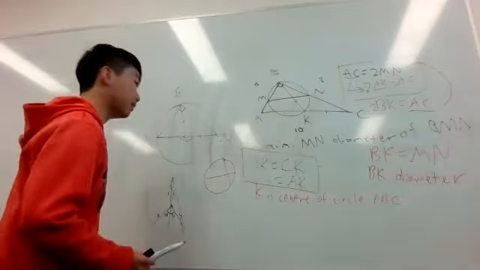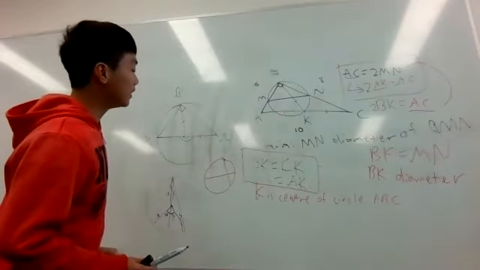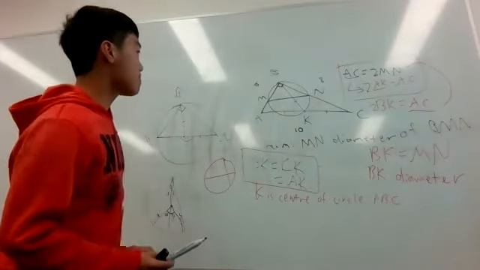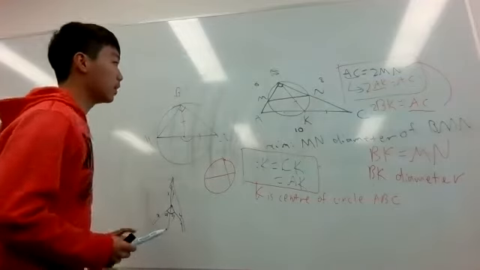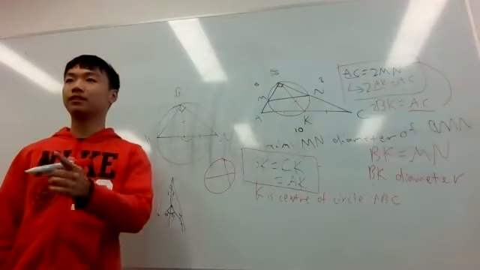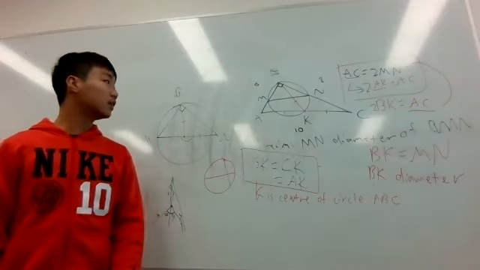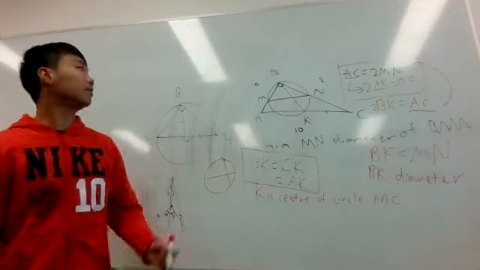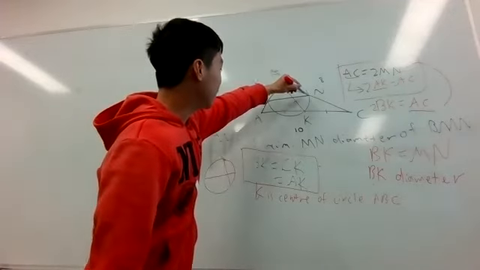Nice. Okay, so now we can redraw this slightly more. If BK is also the diameter, what more does that tell you? B and K. Oh, okay, yeah, nice. I didn't think of using that, but yeah, that'll work.